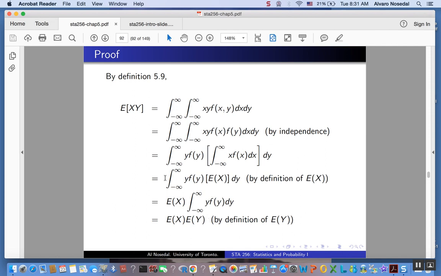So if x and y are independent, then the expected value of x times y equals the expected value of x times the expected value of y. The independence was important here because we were able to re-express the joint probability density function as a product of the marginals.